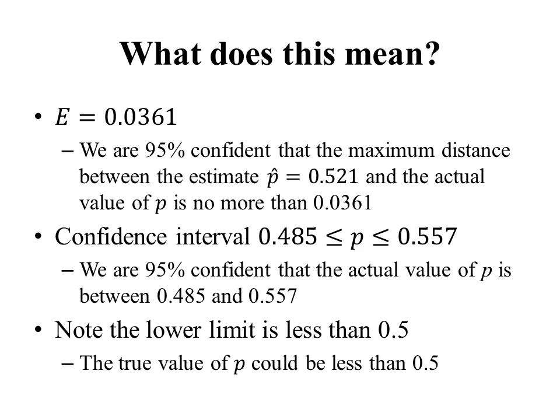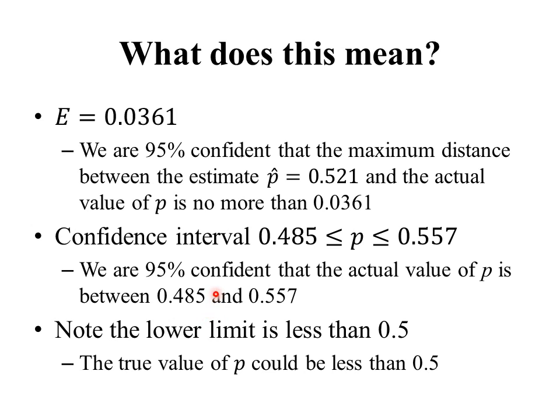Now, what's significant about that confidence interval is that the lower limit is less than 0.5. So what that means is that the true value of P could very well be less than 0.5. It could be as low as 0.485 at this 95% confidence level. On the other hand, it could be as high as 0.557 at the 95% confidence level.